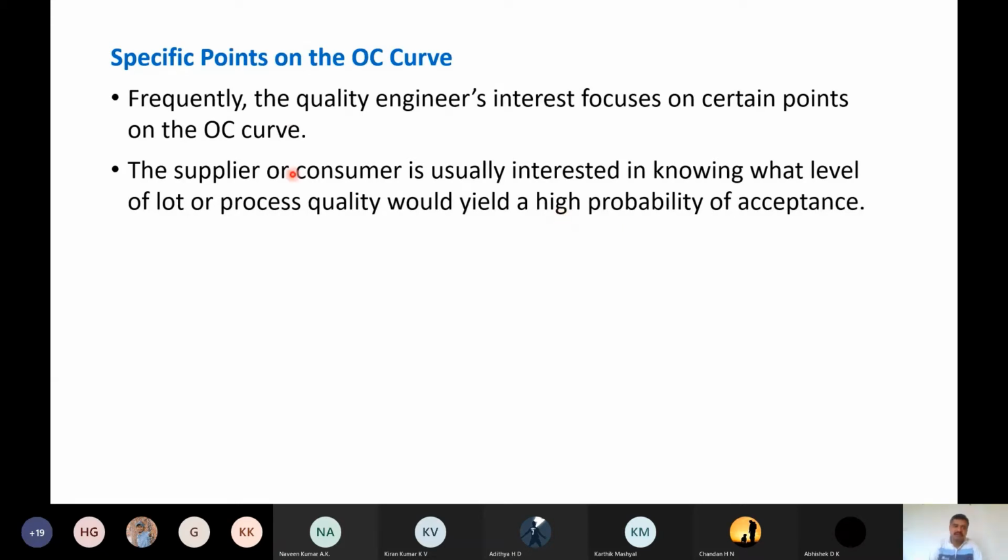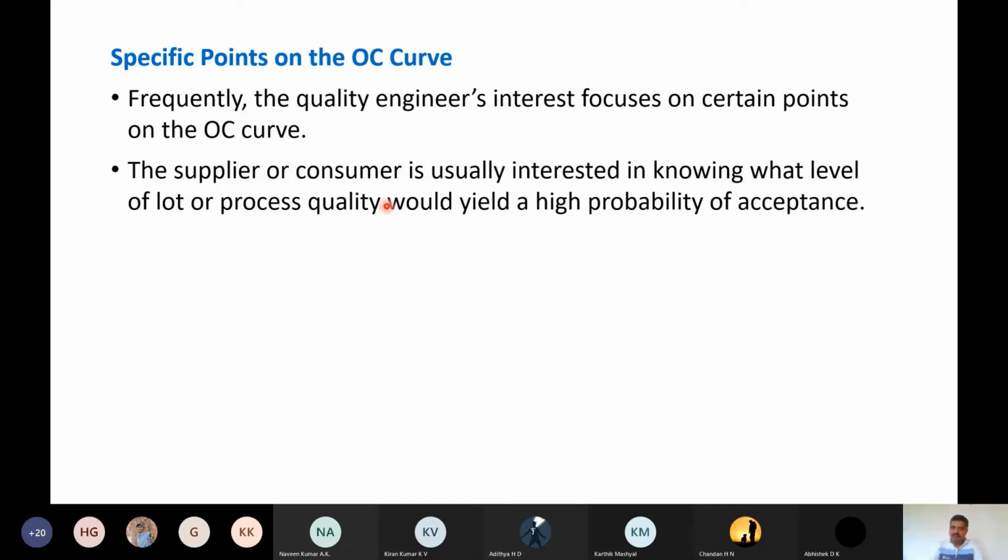In order to get that idea, you should first know at what level the consumer will accept the lot. The consumer will fix a quality level; the acceptable quality level will be fixed by the consumer. When the supplier is supplying components at the acceptable quality level, he should have a sampling plan such that he should be accepted.